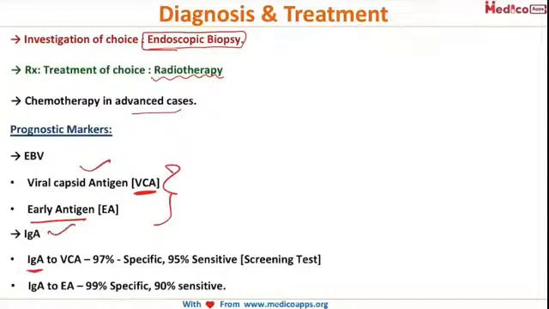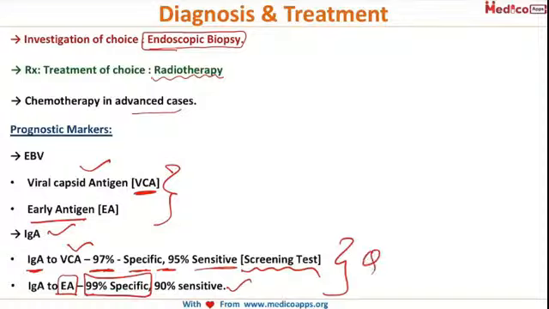And for IgA, we test for IgA to the viral capsid antigen. This is 97% specific and 95% sensitive. So we are using it as a screening test. Okay. Now IgA to the early antigen is 99% specific and 90% sensitive. These are important questions. So please memorize these statistics. Okay. So the treatment of choice is radiotherapy.